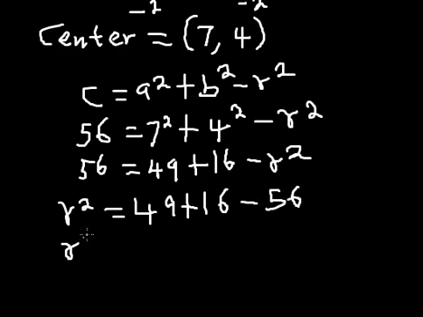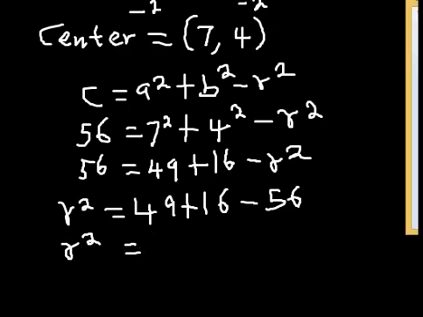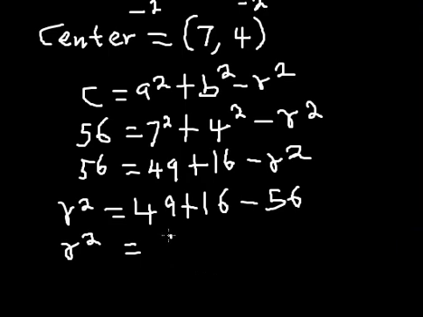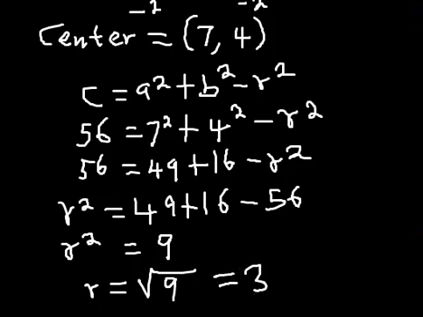Let's do this addition: 49 plus 16, then minus 56 is 9. So the radius now becomes the square root of 9, which is 3. As simple as that.